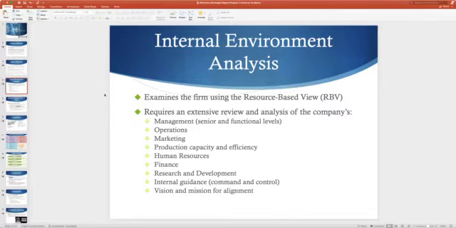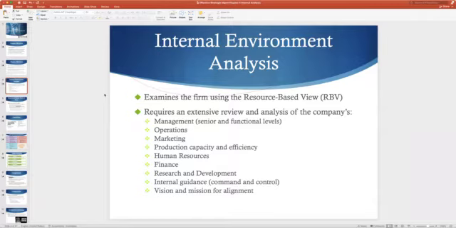We're going to be looking at operations, marketing, the production capacity and efficiency. All of these things are the things that you guys are doing in your simulation. Human resource, finance, R&D, and then internal guidance. That is command and control. That's the organizational structure.